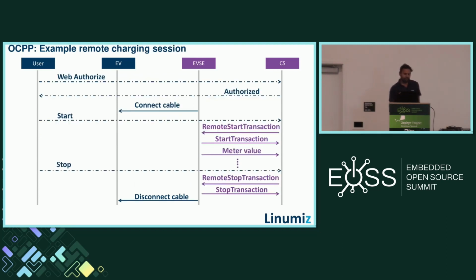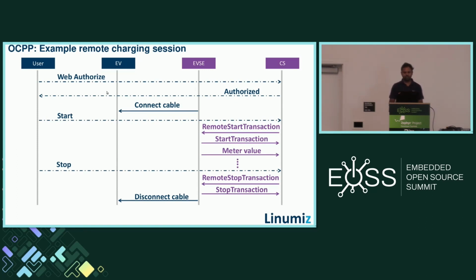We will have another example which showcases how the user can directly interact with the central system instead of the EVSE. If a user has a web application or a smartphone which can interact with the central system, then a virtual RFID is used here to communicate with the central system, and then the central system will check the database and authorize the user.